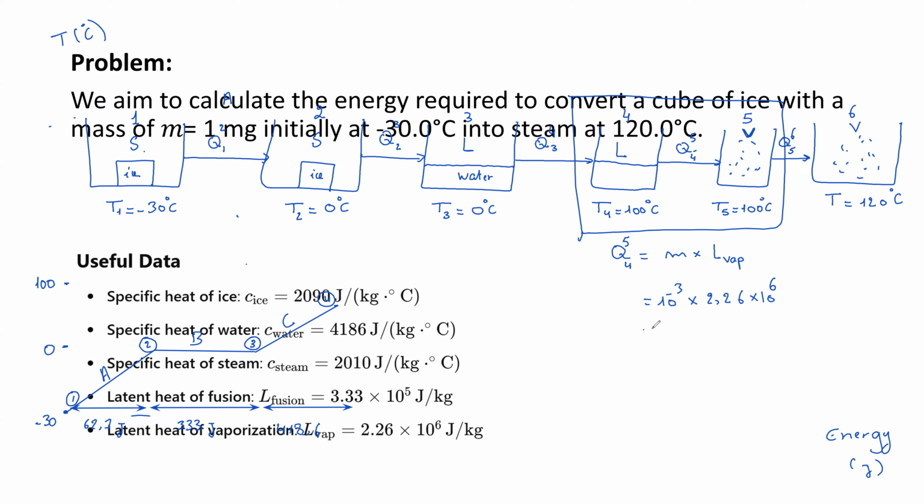So we calculate the value equals 2260 and 23 joule. The required energy to pass from state 4 to state 5.